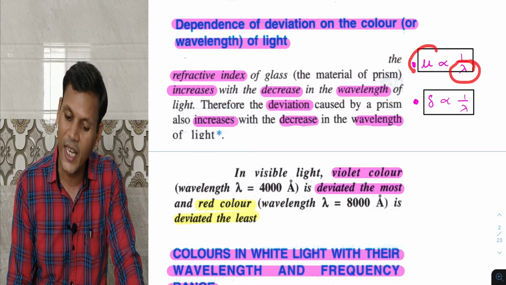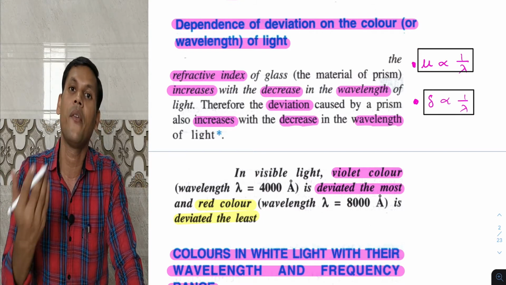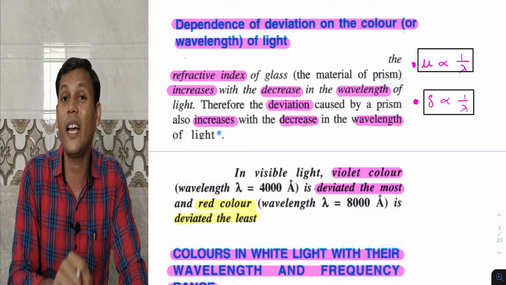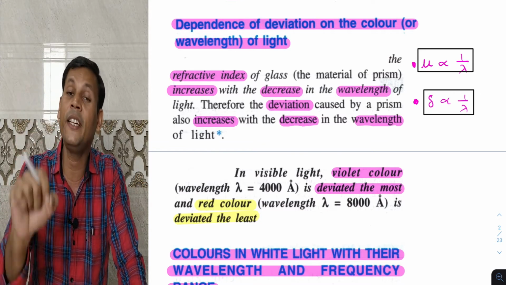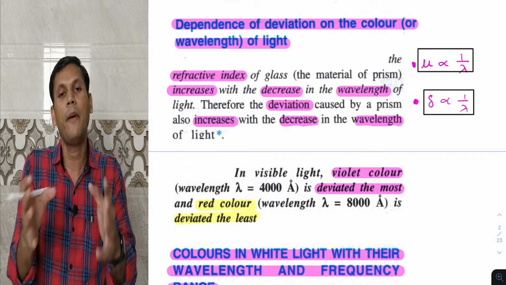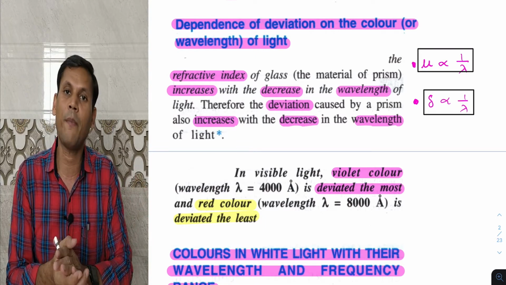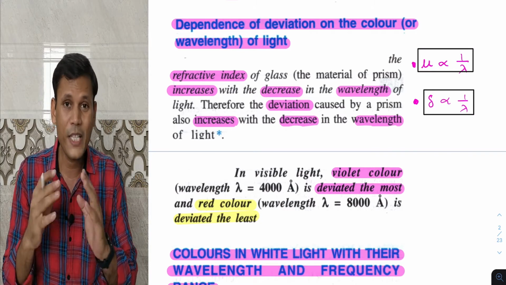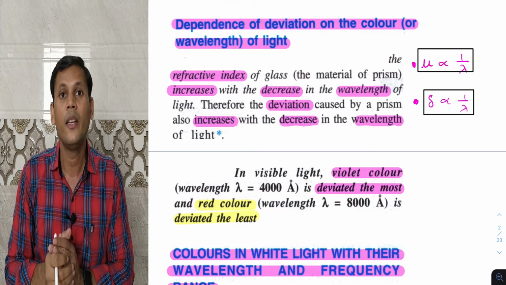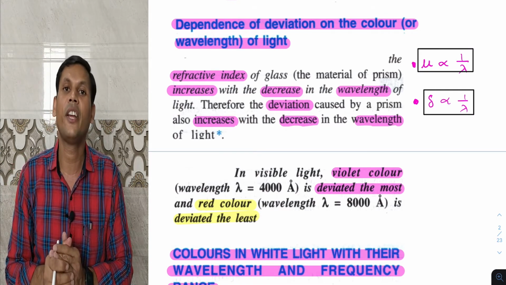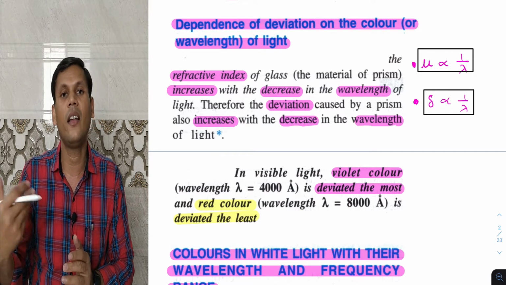As wavelength increases, refractive index will decrease, or as refractive index increases, wavelength will decrease. And why does it happen? Because we know the speed of light is different in different media. We have already studied this in previous videos and topics: the speed of light is different in every medium. So the speed of light changes with different media, because every medium has a different refractive index.